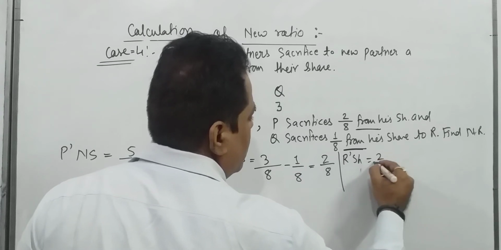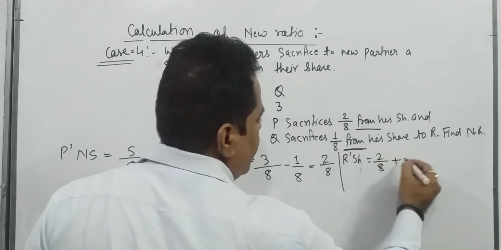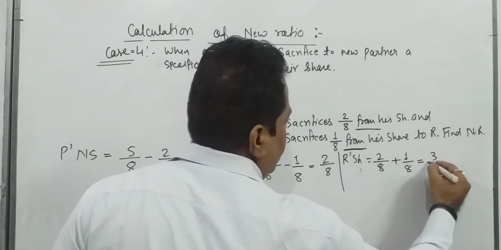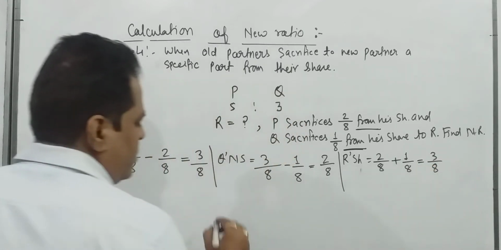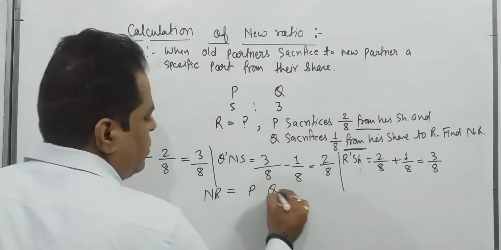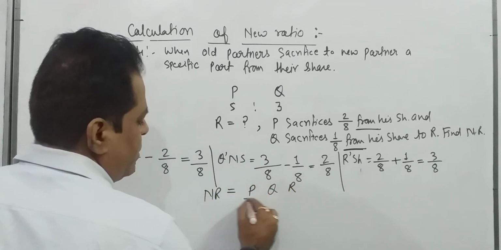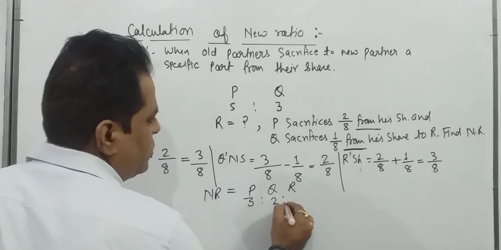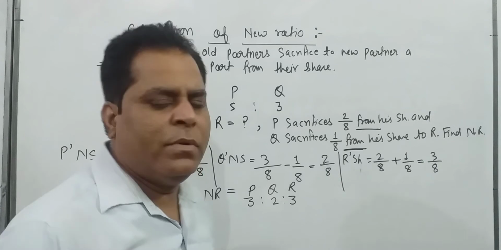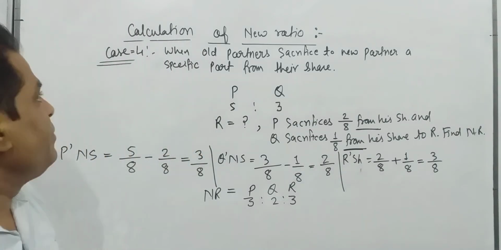R is getting 2/8 plus 1/8. So you can determine 3/8. So this is the new ratio of P, Q, R. How much? 3:2:3. This is the new ratio by case 4.